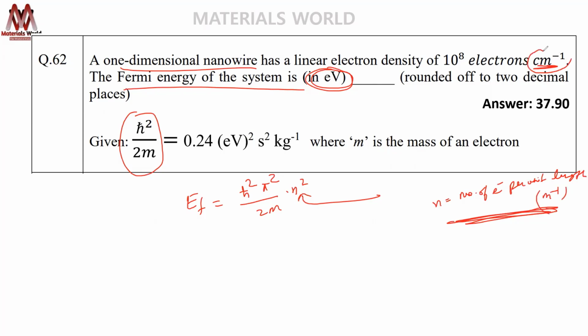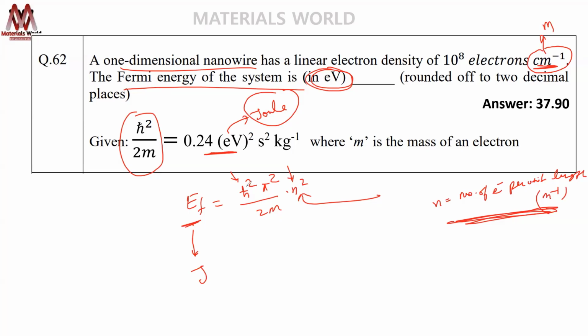As you can see, that means meter inverse. It's given in centimeter inverse, so you have to convert it into meter. Then only your energy will come in joule. If n is in meter inverse and ħ is in joule, then E_F is in joule. If ħ is in electron volt, you have to convert it into joule. Why?